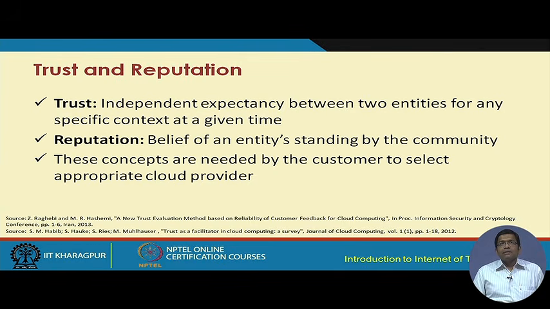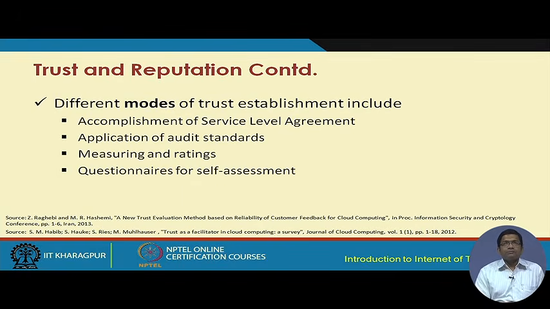What does the entity have, what is its reputation in the community. So, these are the two different issues that go hand in hand. These concepts are needed by the customer to select an appropriate cloud provider.